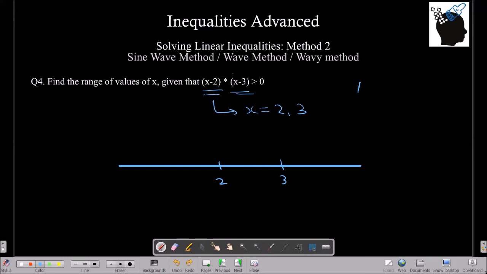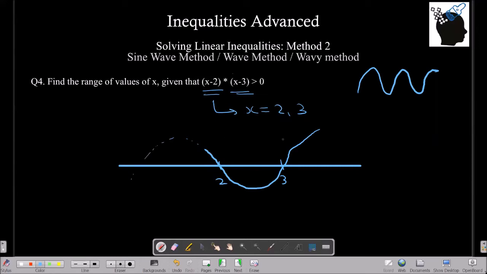If you remember, the sine curve is alternate positive, negative. So in this case, we are going to draw the sine curve from right top. We are going to go down in the first solution, come up in the second solution, and if there was a third solution, again we would have gone down.